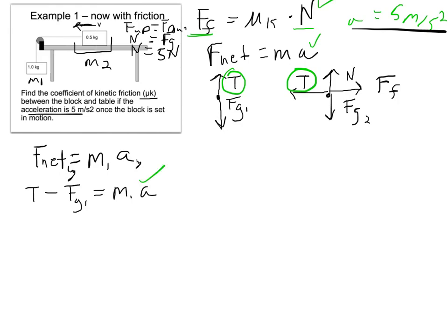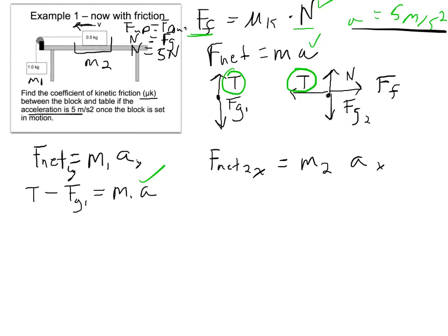Now let's look back at box 2, F net 2, and this box is going to move in x, not in y. Clearly from the diagram, that box is not going to fly up or fall down. So F net 2x equals mass 2 times acceleration in x.